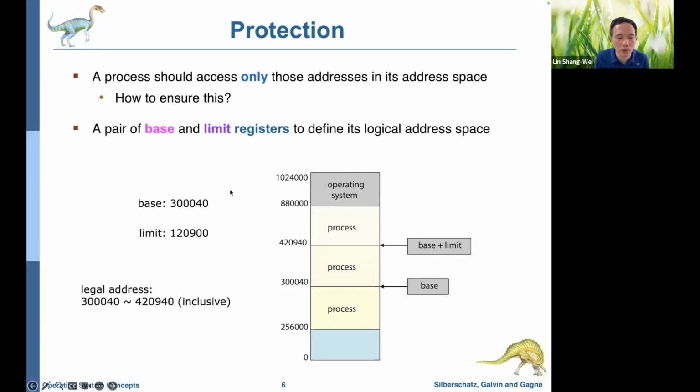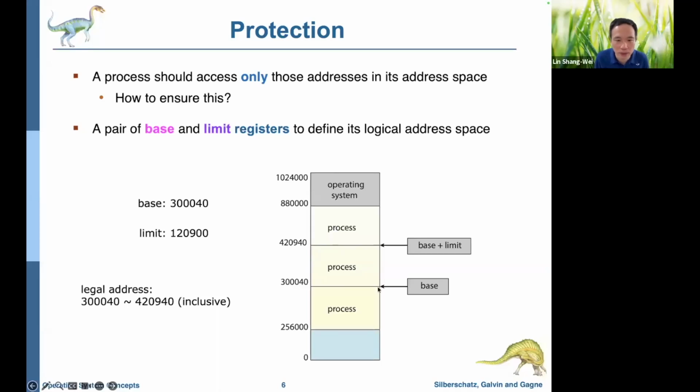As this figure shows, let's say this is our memory, and this process, let's call it process A, starts from this number until this number. Process A can only access this region of memory. How do we do the checking?